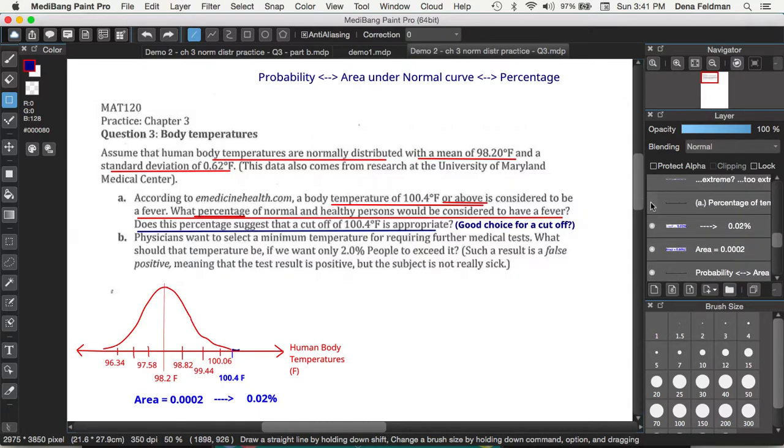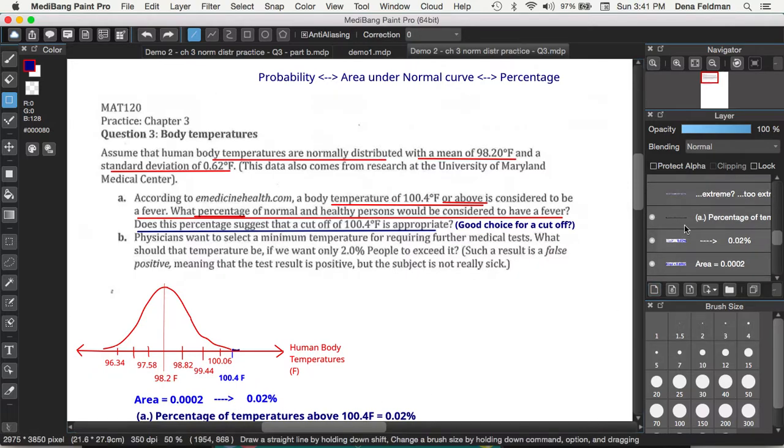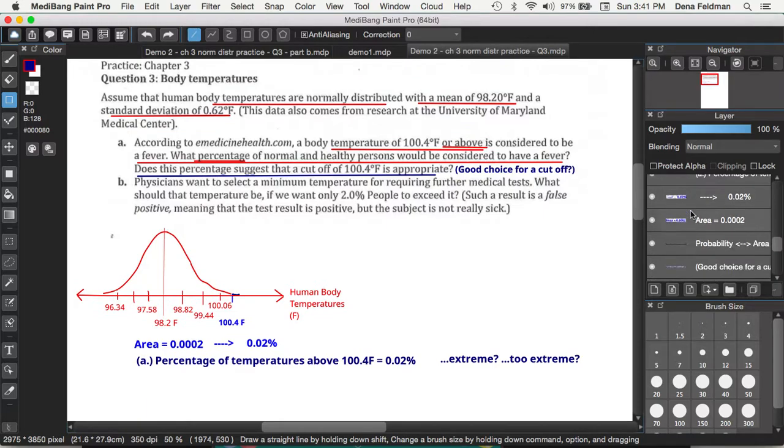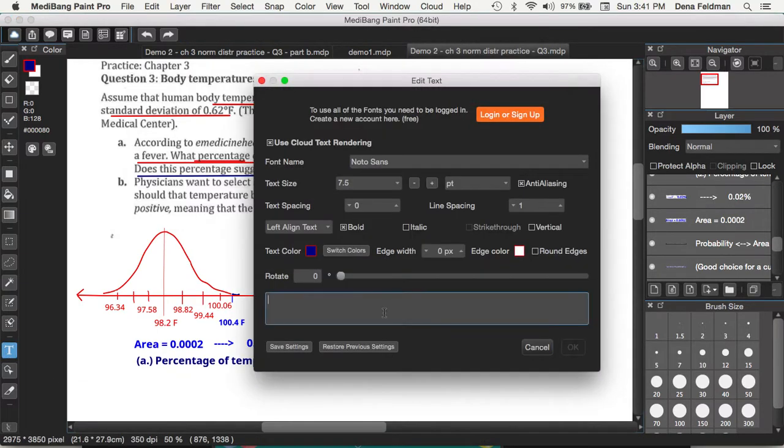What in my mind I said was that, okay, since the percentage of temperatures above 100.4 degrees is 0.02, and the most important part is really, I am not a doctor. As I write this out, you can see it appearing on the bottom of the screen. I'm not a doctor, but it seems like a small percentage.